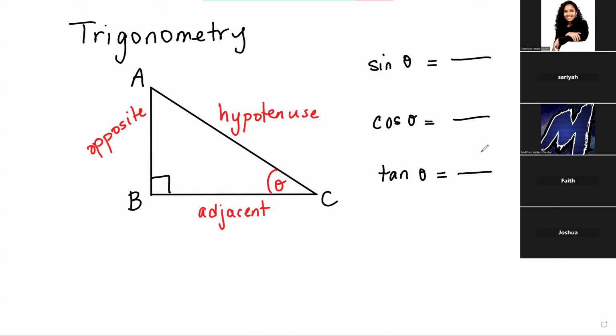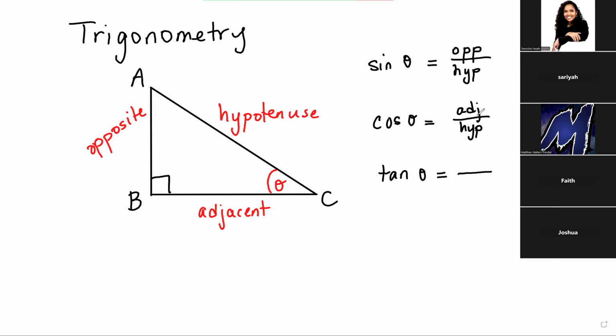It's the ratio of the sides. Who could tell me what is the ratio for sine? Opposite over hypotenuse. That's right. Sine is opposite over hypotenuse. What about cos? What's the ratio for cos or cosine? Opposite over, no, adjacent over hypotenuse. That's right, adjacent over hypotenuse. And then tangent, the last one.